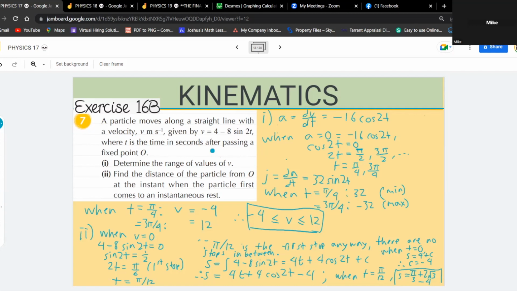Tapos sine of 2t is 1/2. T is equal to pi over 12. Tapos comes instantaneous rest.